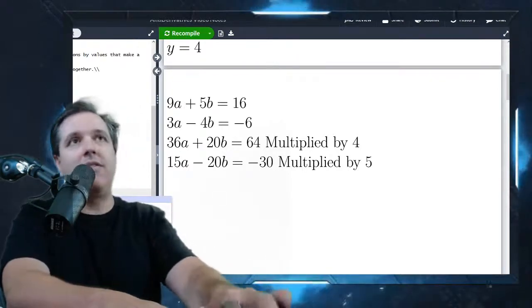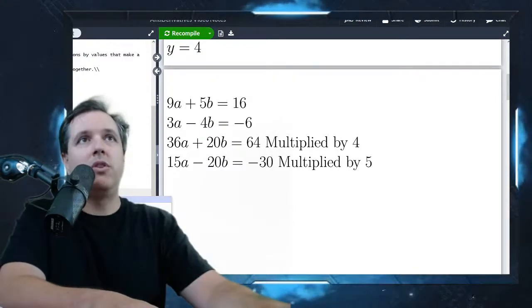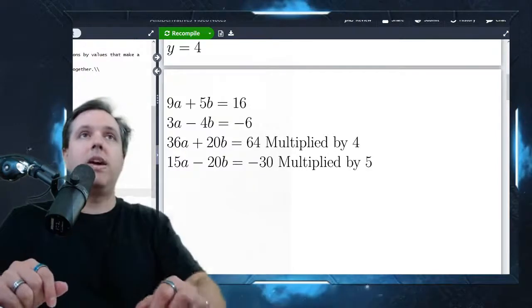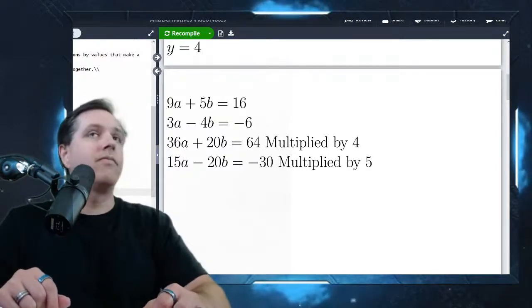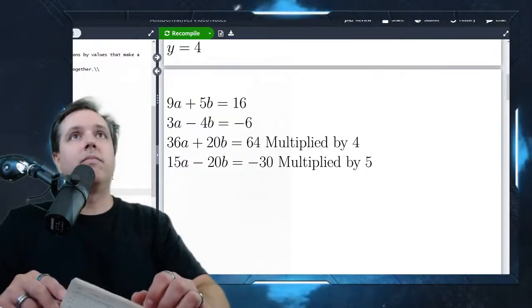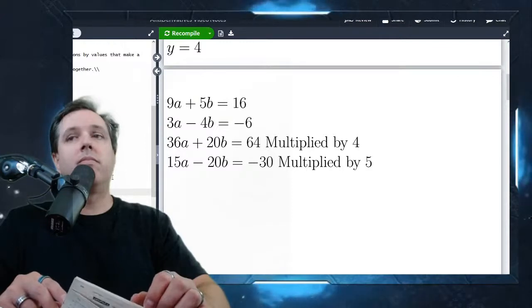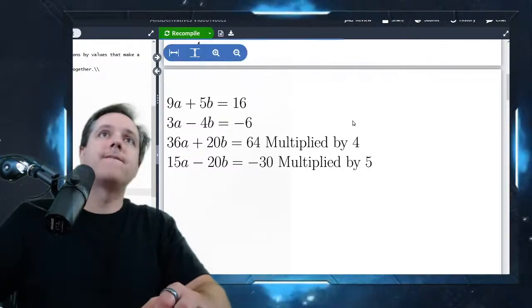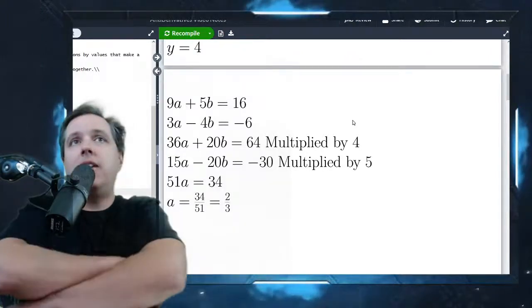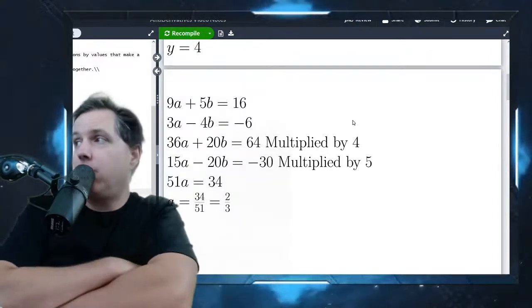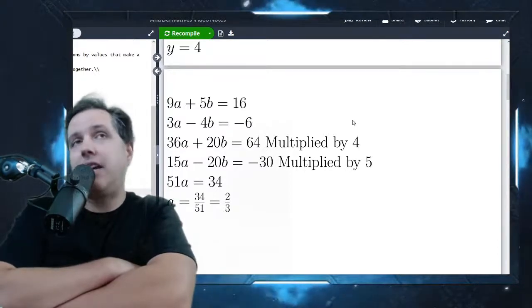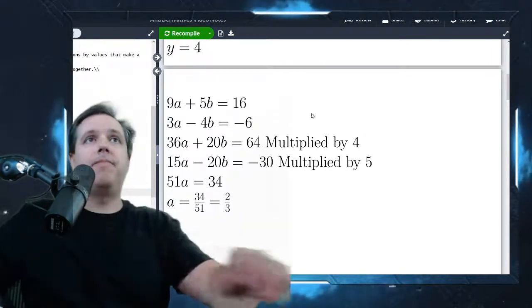If you divide a 17 out of the top and bottom, you should get 2/3. Yep, a is 2/3. So a came out to be 34/51, which I reduced down to 2/3. Always reduce those fractions. No reason not to.